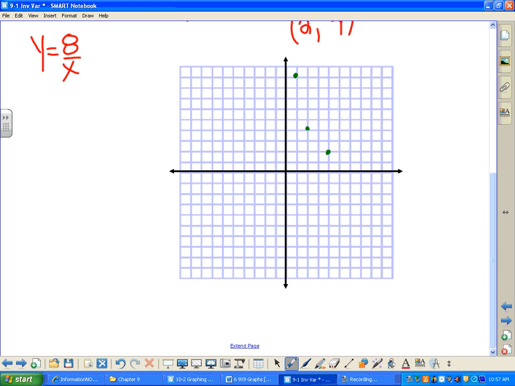Another pretty easy one would be 8 comma 1. Does that give you a pretty good indication of what's going to happen there? Yeah, it's going to curve. Now, is it ever going to get to the x-axis or the y-axis? No. In this case, both the x and the y-axis are asymptotes. It's never going to get there.